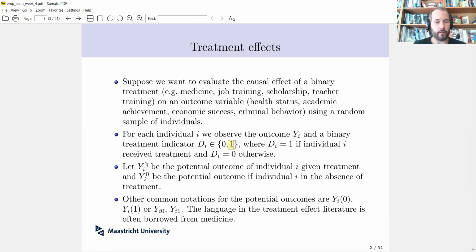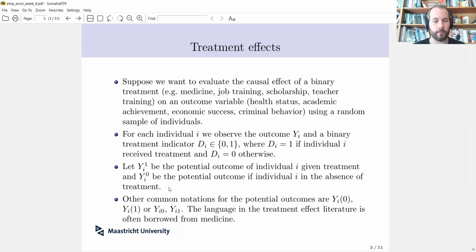And then we talk about the so-called potential outcome. The causal treatment effect literature is actually based on this potential outcome framework, which is surprisingly recent. It's from the 70s. We say that Y_i(1) is the potential outcome of an individual that gets the treatment, and Y_i(0) is the potential outcome of the same individual if it does not get treatment.